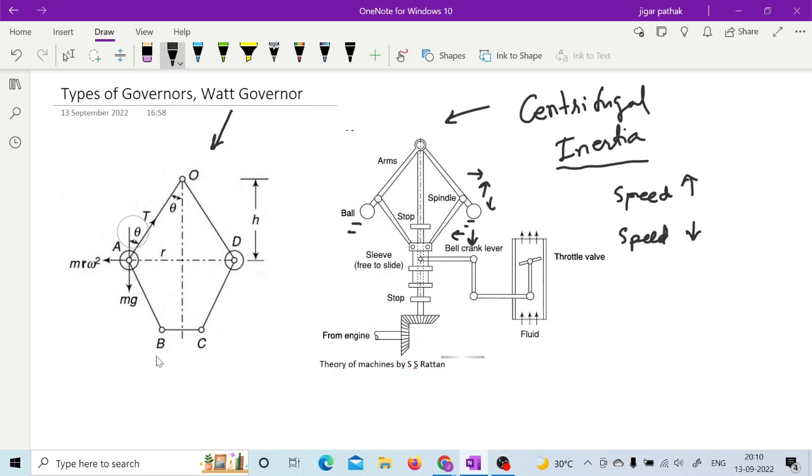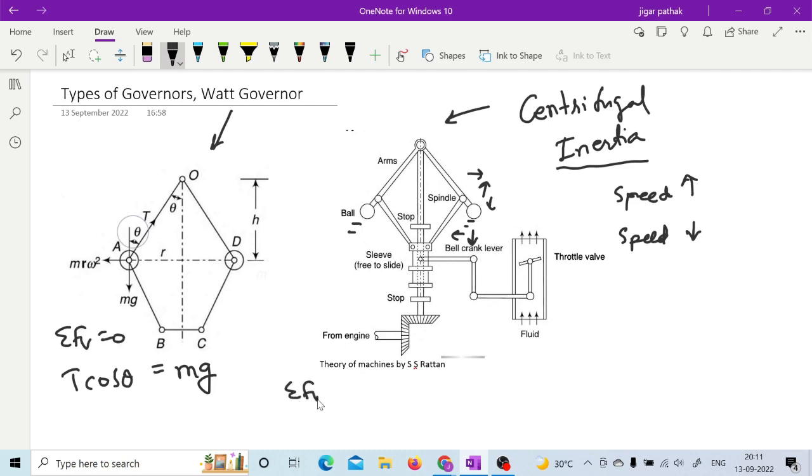If you think of the equilibrium of forces at this fly ball, then you can see that T cos theta can be equated to mg, right? Because forces acting in the vertical direction will be equal and opposite, as we are assuming equilibrium. So this will come from sigma Fv equal to 0.